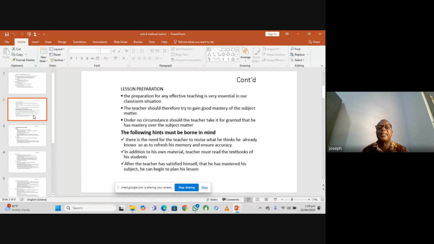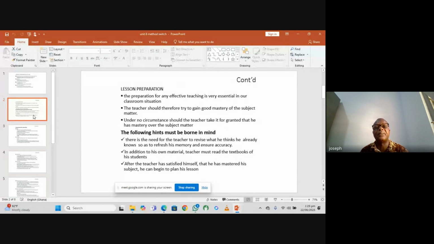So make sure that you put yourself together, you prepare. You find other information from other technological tools to make you well equipped so that you can stand for any question that they will ask you, or you can give accurate information to your learners.